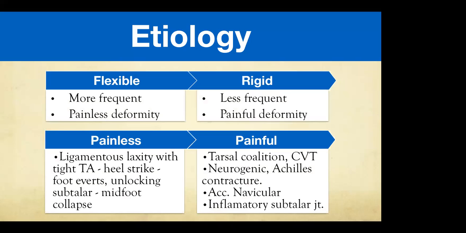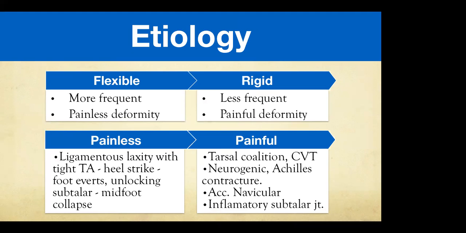Now, coming to our case, from history you need to be able to pick up whether the deformity is flexible or rigid. Flexible is more common and painless. Rigid are less frequent but painful. If it is painless, whether it is from any ligamentous laxity with tendoachilles tightness, like heel striking, the foot everts, unlocks the subtalar joint and the midfoot collapses.